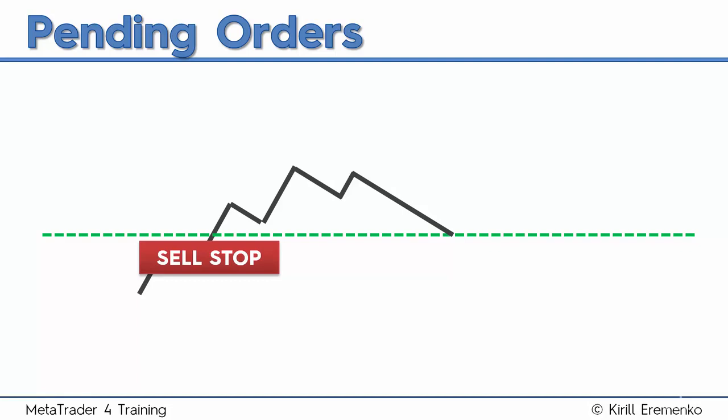As soon as the level is reached, or if the level is reached, then your sell stop order is automatically converted to a sell order, and therefore you're in a sell position, meaning that you expect the market, or you hope for the market, to keep going downwards, which will result in profit for your sell order.